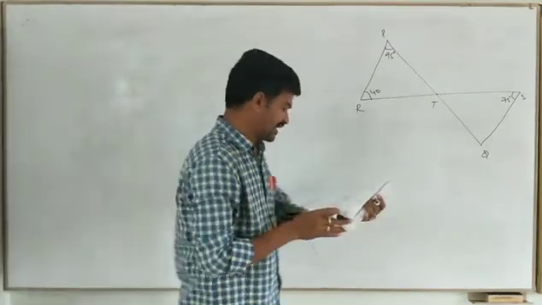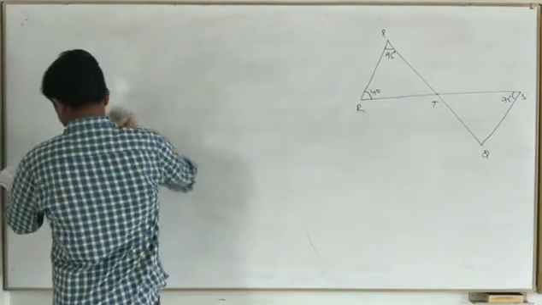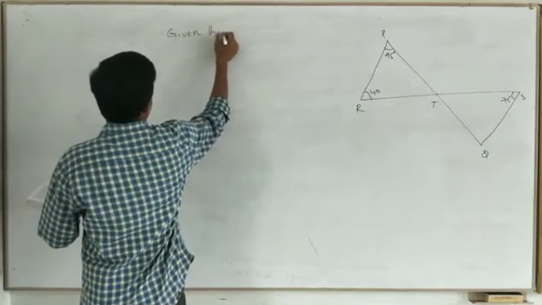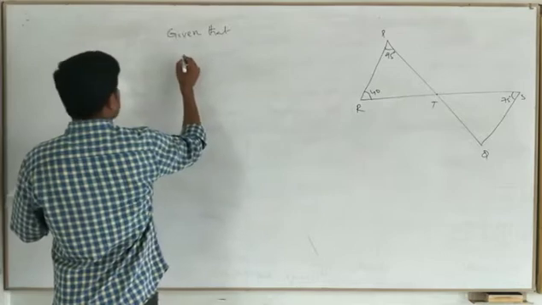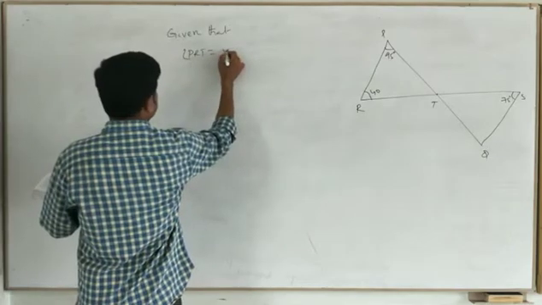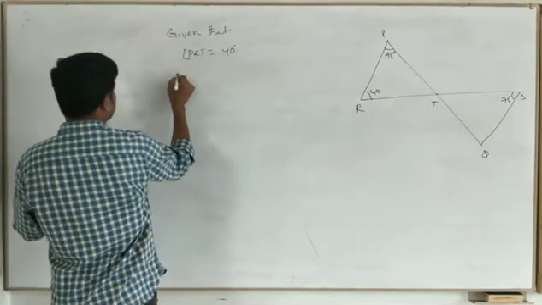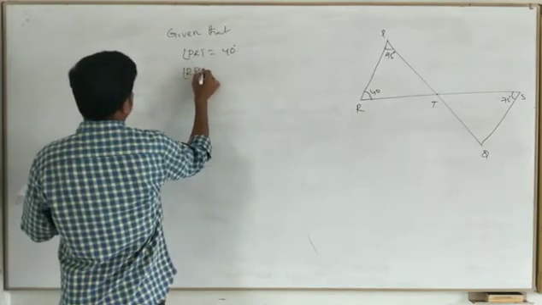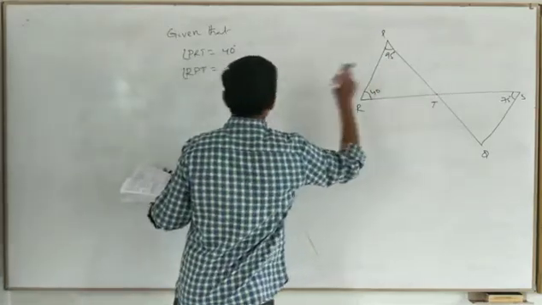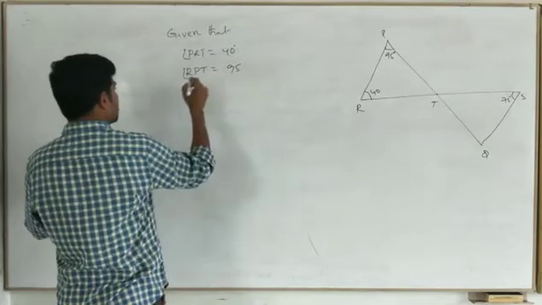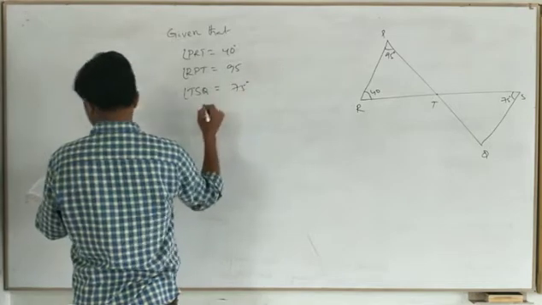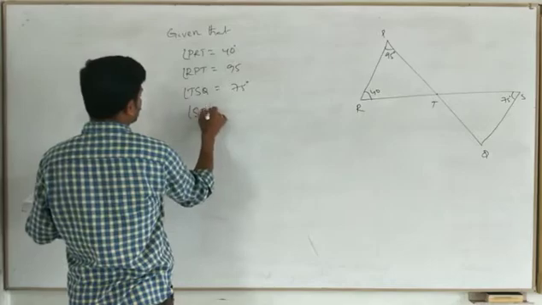And then what do you have to find? Angle SQT. First I am writing the given information: angle PRT equals 40, angle RPT equals 95, and angle TSQ equals 75. You have to find angle SQT.